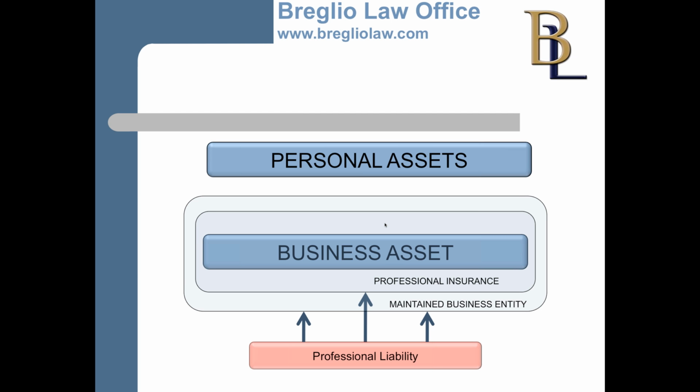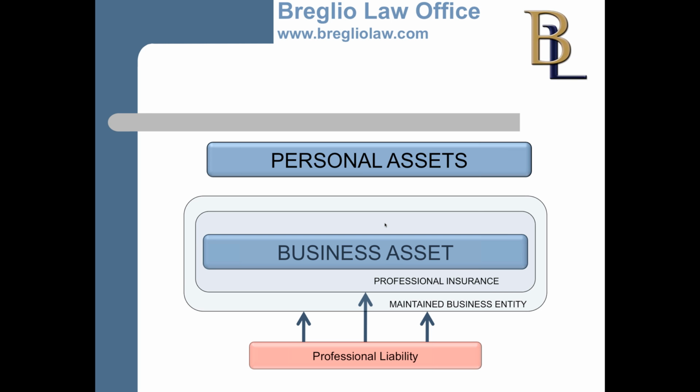You'll notice, though, that the personal assets on top aren't touched, right? Because that business entity stops that professional liability from getting any higher. It can't get through the business and attach those personal assets. That's called the corporate veil protection. That corporate veil protection maintains everything within the business.